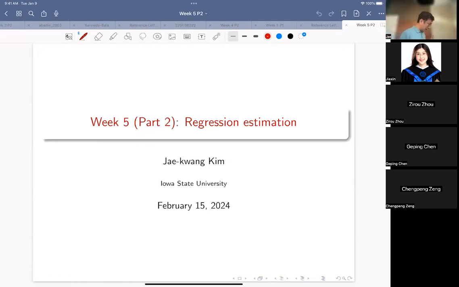I'd like to emphasize that regression estimation is really important in survey sampling estimation, and Professor Fuller is a kind of pioneer in this area.